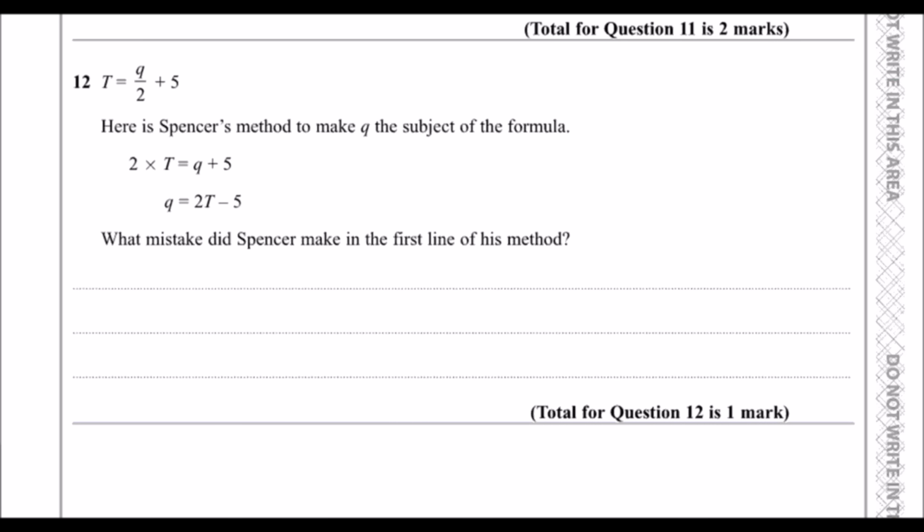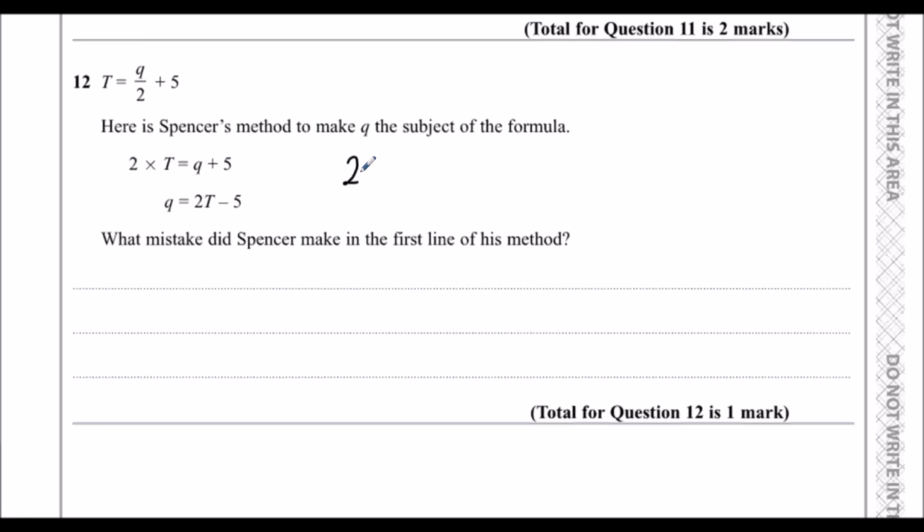Question 12. T equals Q over 2 plus 5. Here is Spencer's method to make Q the subject of the formula. So his first step, he's multiplied by 2 but he hasn't multiplied every term by 2. So if he's multiplying by 2, he would have to multiply every term by 2.